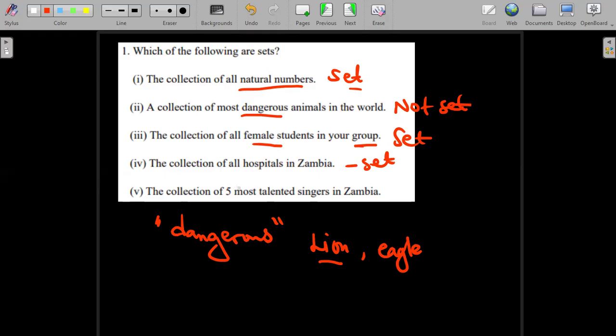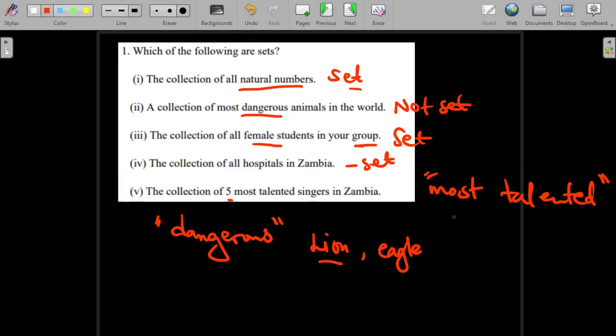Then we have part 5. Part 5 says the collection of 5 most talented singers in Zambia. When we look at this, the word they are using, most talented, is subjective, because I might feel, for example, that your maps is the most talented, but this is not the feeling of everyone.